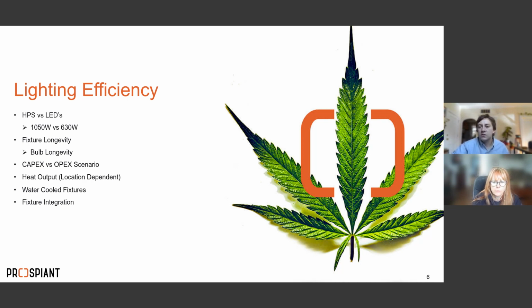Versus LEDs, you can have all of your LEDs on at 50% dimmed and still have uniform light intensity across the entire zone. All your crops are receiving the same light, whereas with the checkerboard system, directly under the light might be getting, say, 1,000 micromoles, and 4 feet to the left is only getting 600 micromoles. So having the dimming capabilities with LEDs is super helpful on the OpEx side as well.